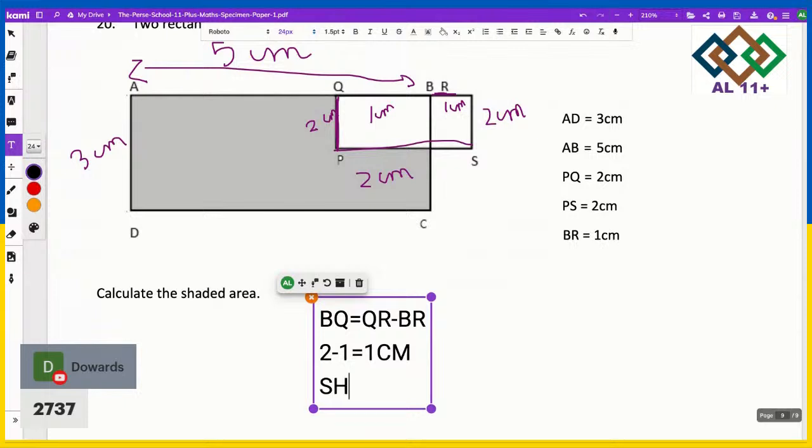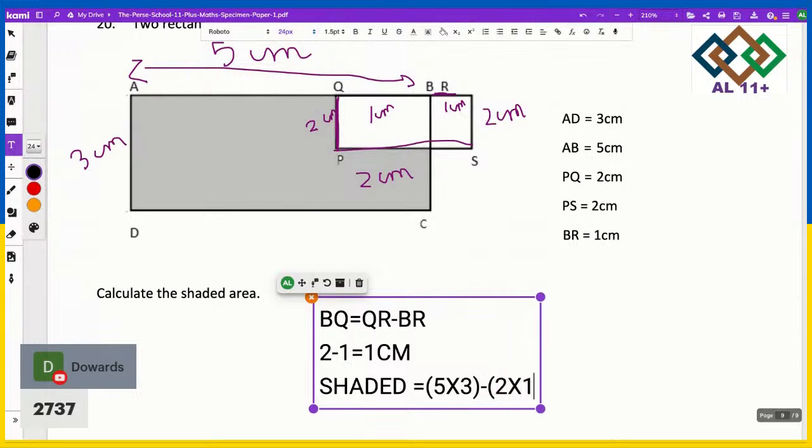And now we have to find the shaded one. The shaded one is 5 multiplied by 3. Let me put them in brackets so you guys don't get confused. 5 multiplied by 3 in brackets, minus, again in brackets, 2 multiplied by 1.